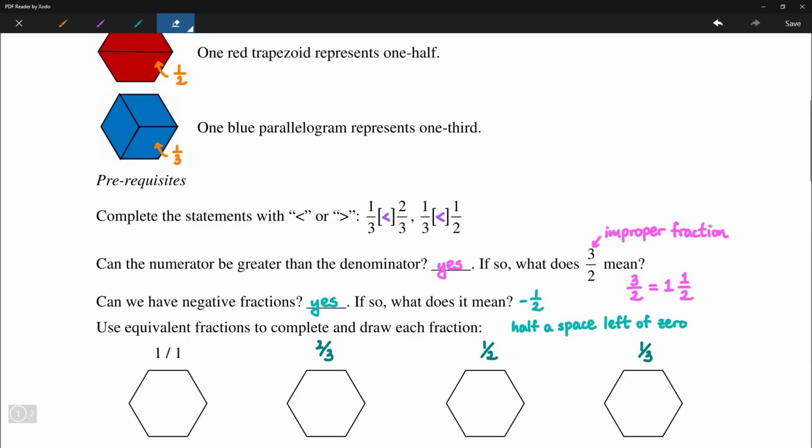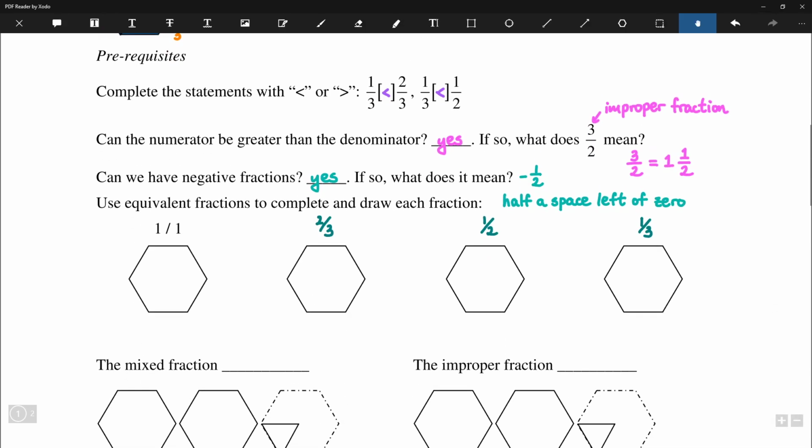Now, next up we have some equivalent fractions. So we are going to be looking at 1 over 1, 2/3, 1/2, and 1/3. Let's rewrite this here. Okay, that's better.